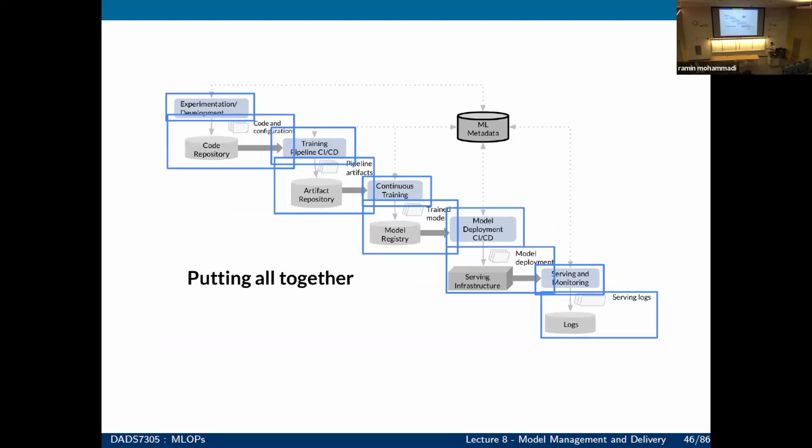All right, so if you put all of this together, what you're building for your product is going to look something like this. Starting from the top, you do some experimentation on building some package, some code. When it's done and you push that code to your GitHub, that becomes your code repository.